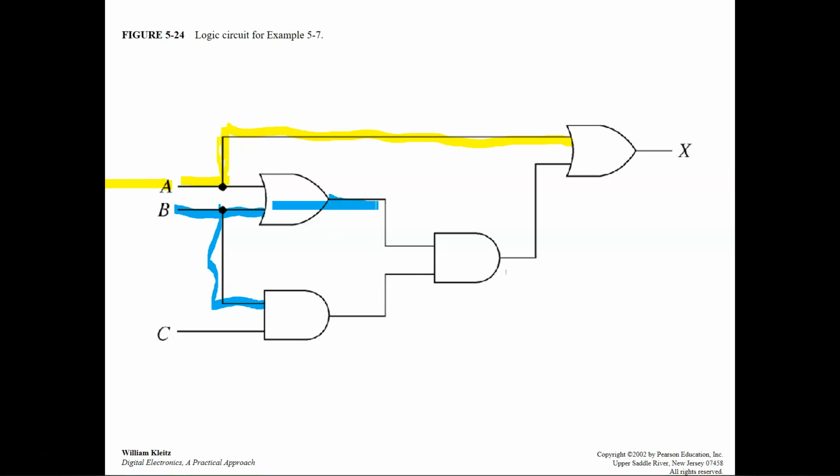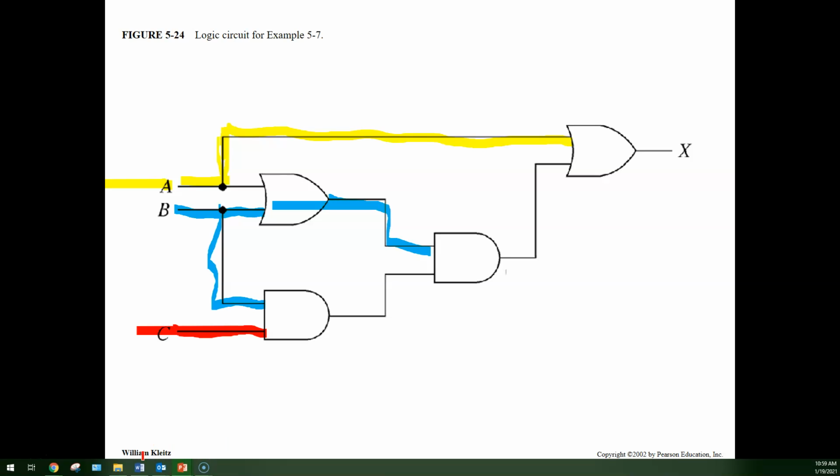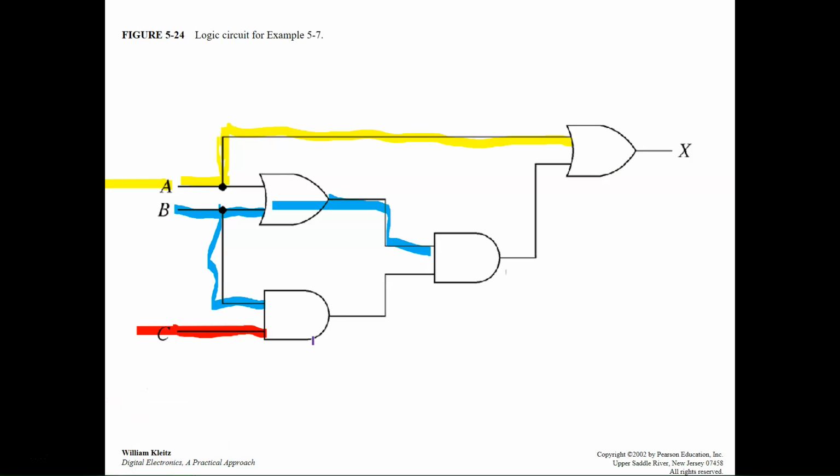In any case, it's going to have to wait for C, because this AND gate doesn't trigger until C triggers, and then you end up with your signal for this one right here. And once that comes together, then they can go trigger X. So what's something I could maybe do to simplify it before we take a look at what their resolution is?